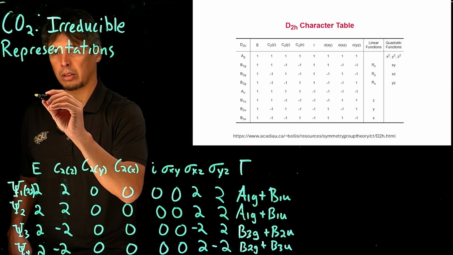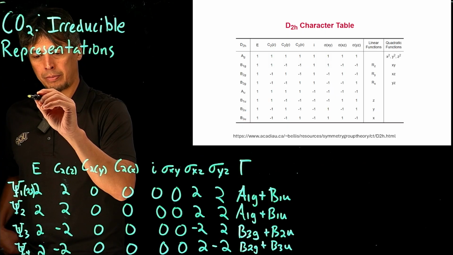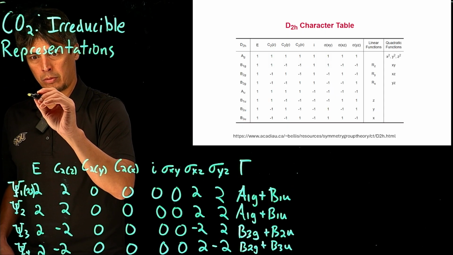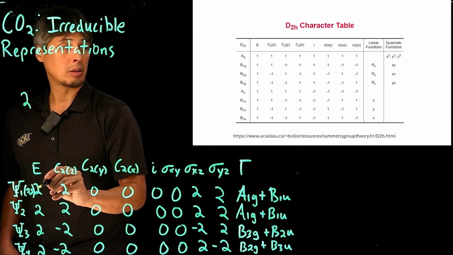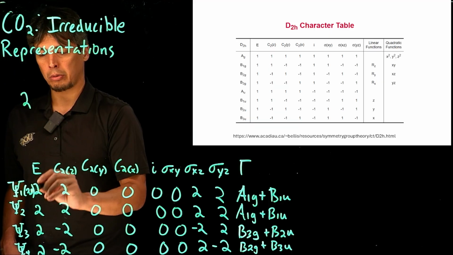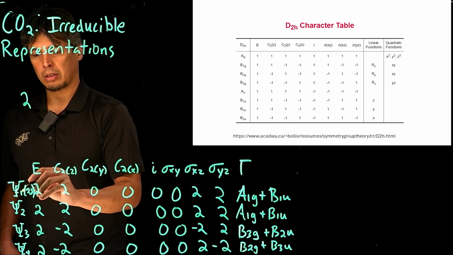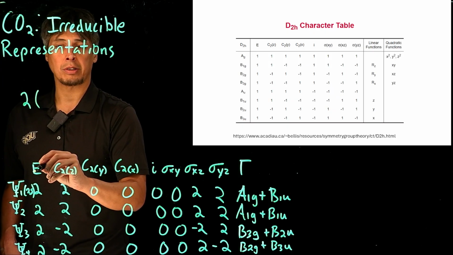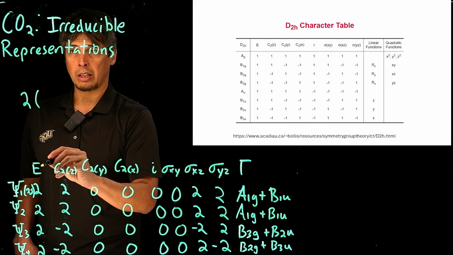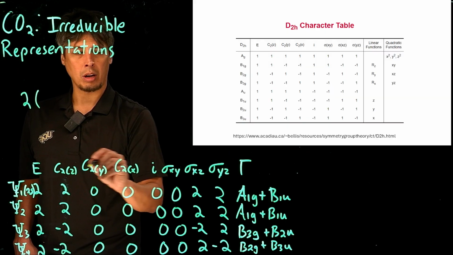We multiply the number from our reducible representation, for instance for C1 it is 2, by the coefficient in front of the symmetry operator, which for all of these is 1.